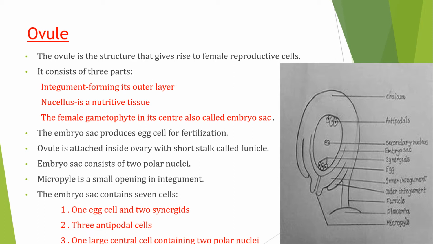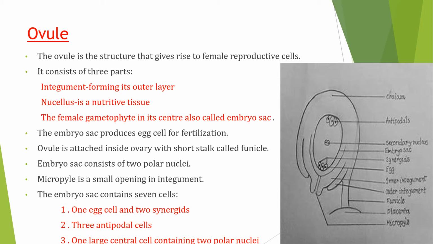The inner integument and the outer integument form the seed coat of a seed. The nucellus contains the food reserves of the plant. A small opening is present in the integument which is called the micropyle.